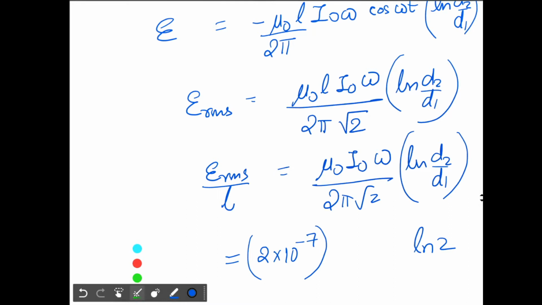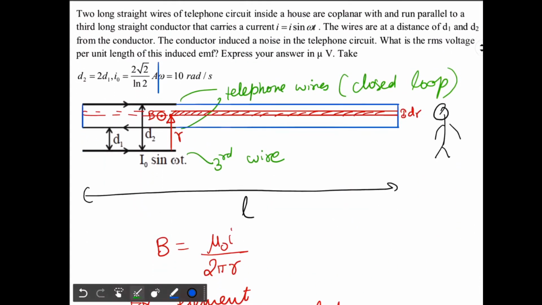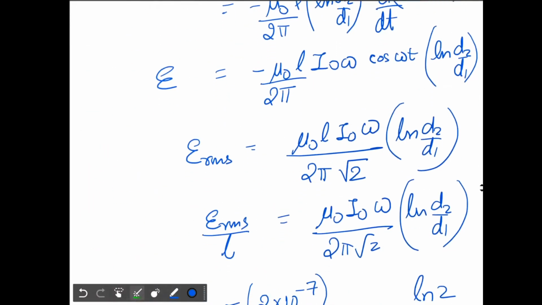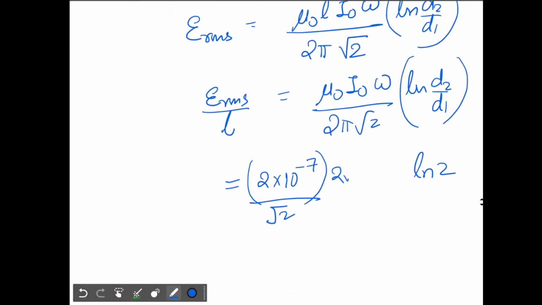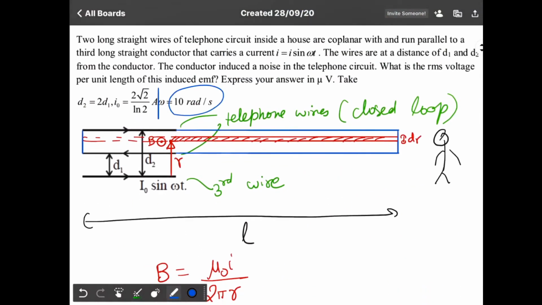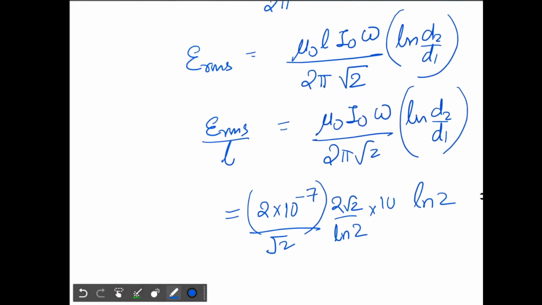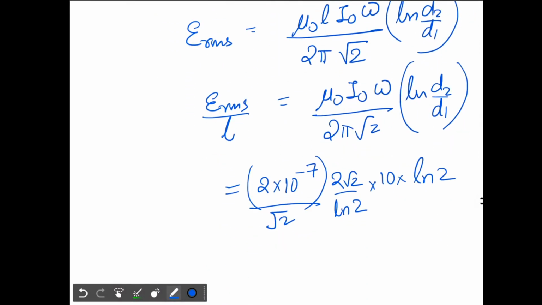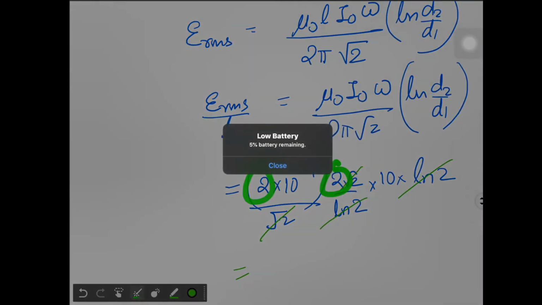Root 2 cancels out, log 2 cancels out, and 2 times 2 gives 4.